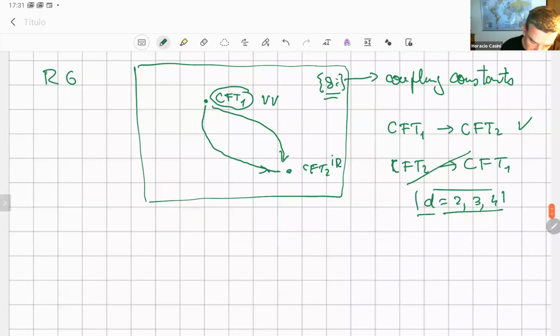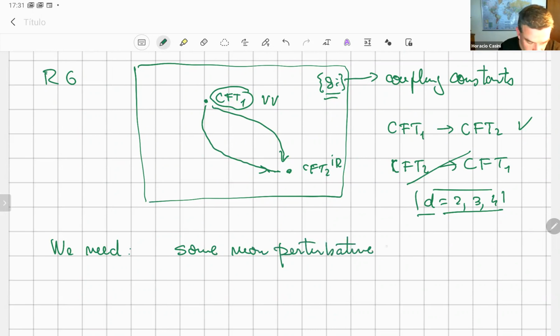What do we need to prove this? Some non-perturbative inequality that is valid for any quantum field theory.